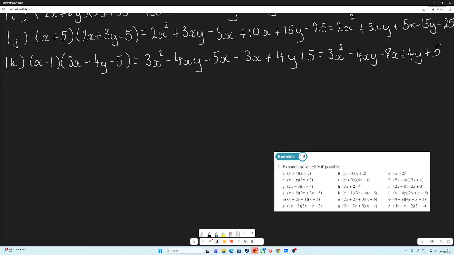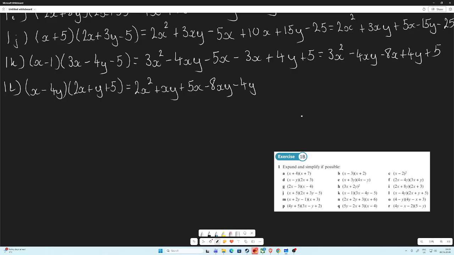1L. We have x minus 4y times 2x plus y plus 5. So that is 2x squared plus xy plus 5x minus 8xy minus 4y squared minus 20y.